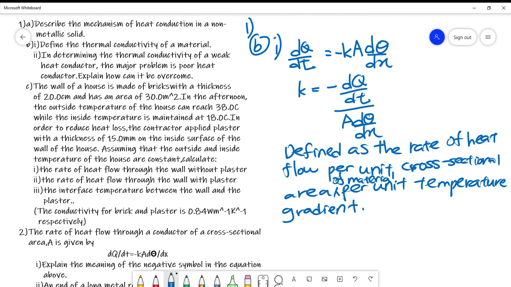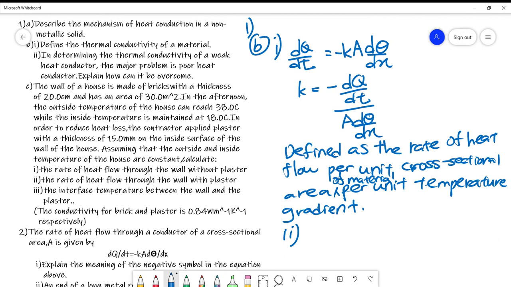Okay, so let's move on to part 2. In determining the thermal conductivity of a weak heat conductor, the major problem is the poor heat conductor. Explain how it can be overcome. Basically, we know that the insulator is the poor heat conductor.